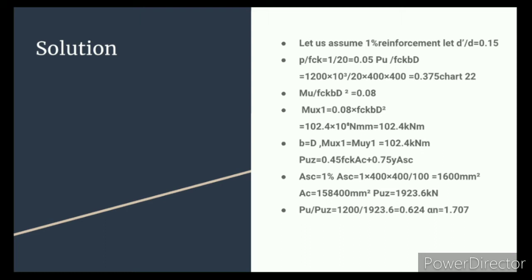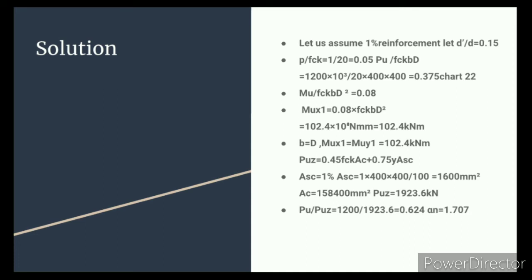Now Mux1, the uniaxial moment capacity, is equal to 0.08 into fck BD square, which is 102.4 into 10 raised to 6 Newton millimeter, equal to 102.4 kilonewton meter. Therefore Mux1 is equal to Muy1 is equal to 102.4 kilonewton meter.